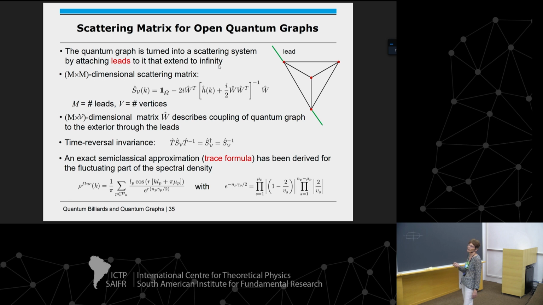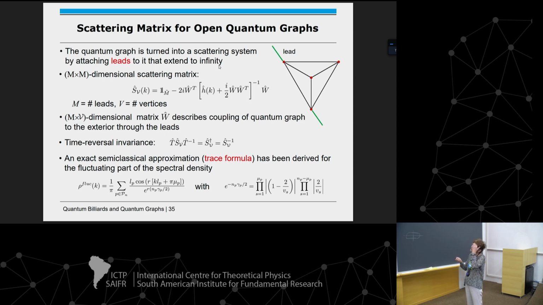This would correspond to the Maslov index, which you can compute explicitly, and this would correspond to the stability amplitude, which is given in this form here. The v's are the valencies of the vertices, and mu_p is the number of vertices where you don't have backscattering.